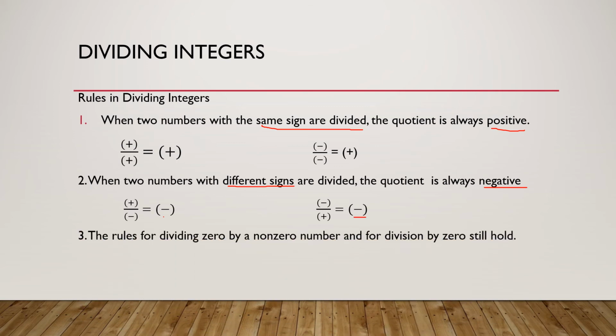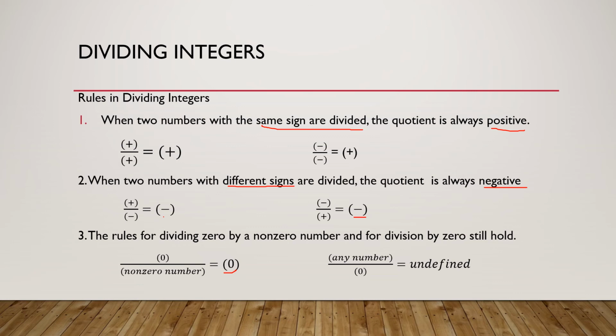Now, remember, for the viral video, these are the rules they should follow. The rules for dividing 0 by a non-zero number and for division by 0 still hold. Zero divided by a non-zero number, for example 0 divided by 20, the quotient is 0. 0 divided by 100, the quotient is 0.